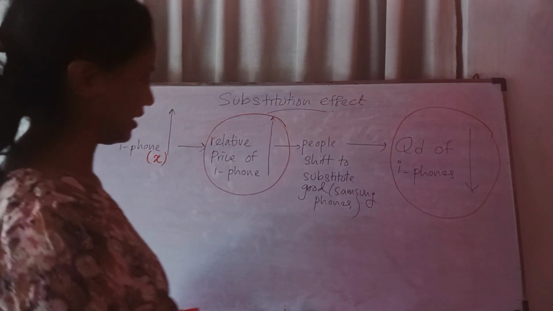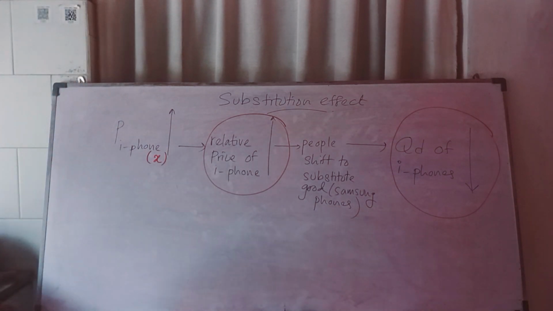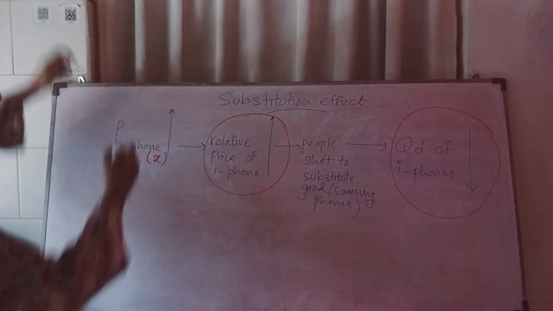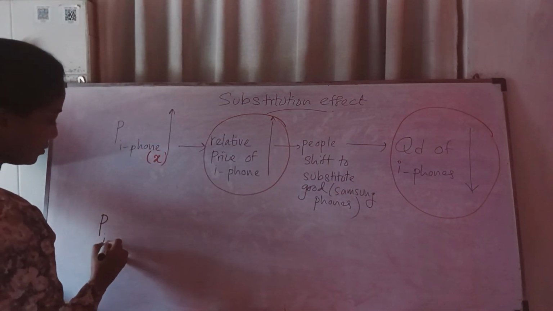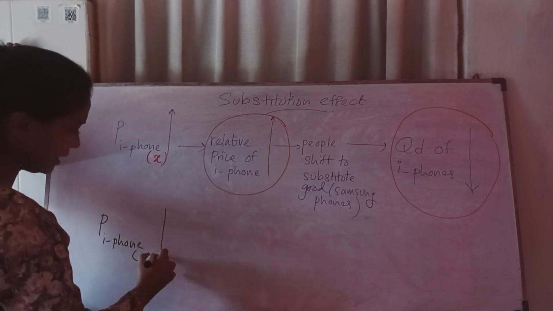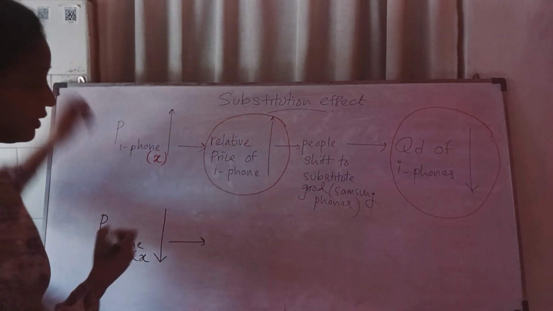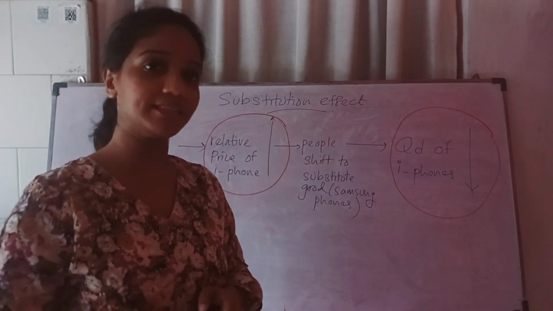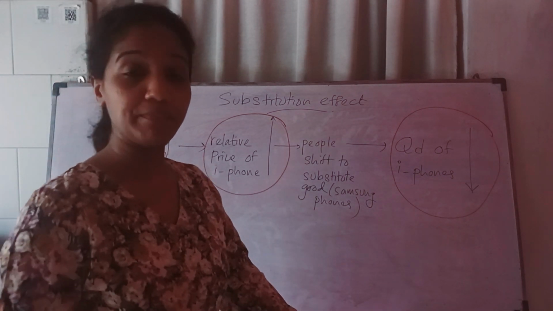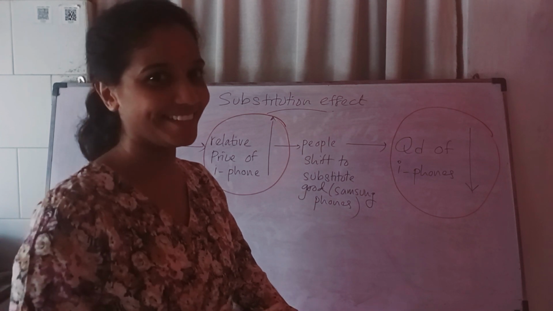On the other hand, let's see what happens when the price of the concerned good reduces. When the price of iPhones, the concerned good, reduces, now what happened to the relative price? Now what happened to the price of iPhones? It becomes cheaper, right?